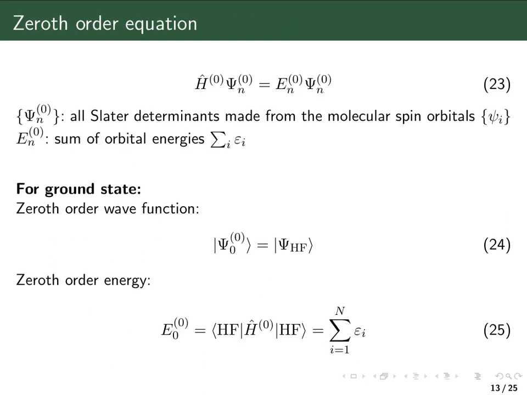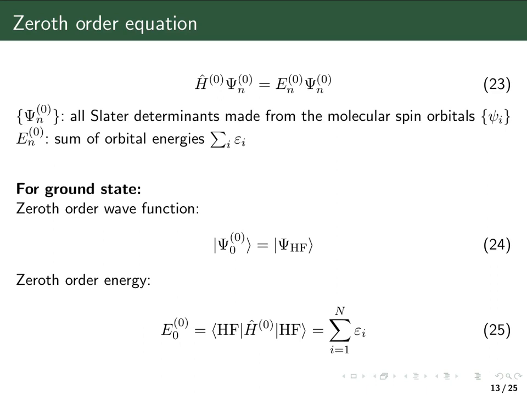Here on the next slide I have the zeroth-order equation written up, where we have this zeroth-order Hamiltonian, which, as said, is what I used to call the Hartree-Fock Hamiltonian. We have a zeroth-order wave function, and we have the zeroth-order energies.